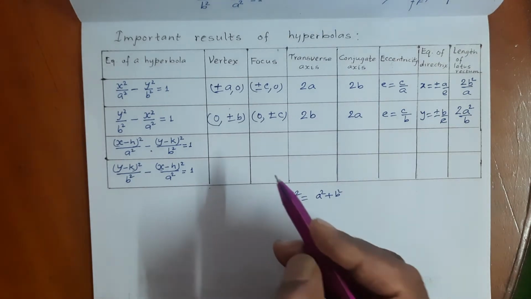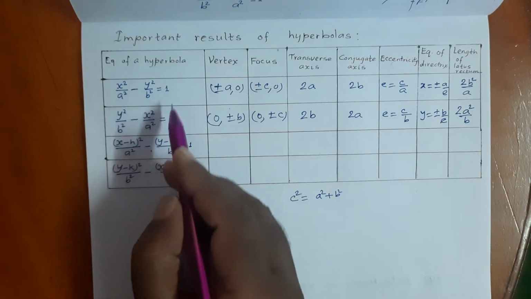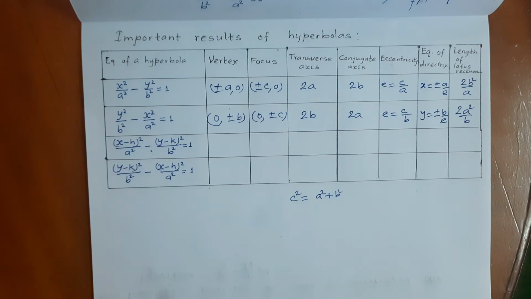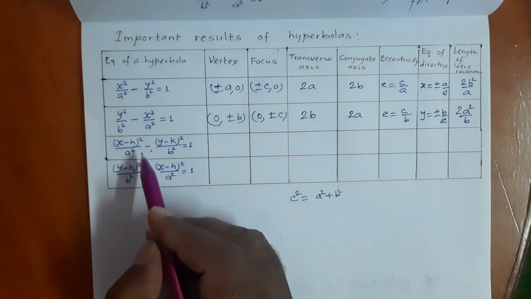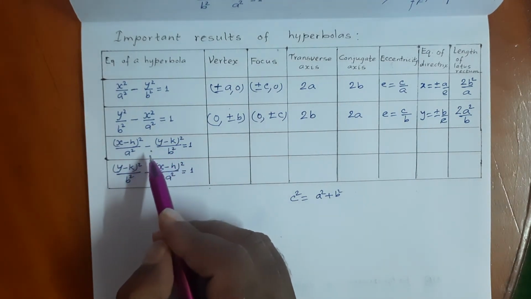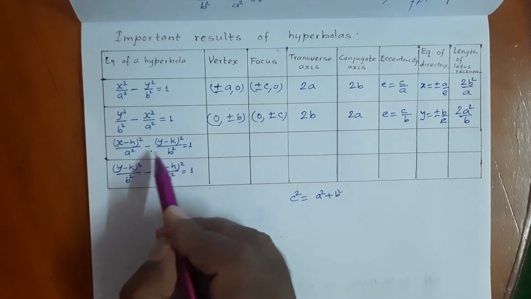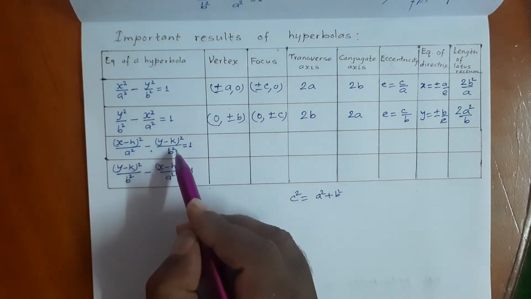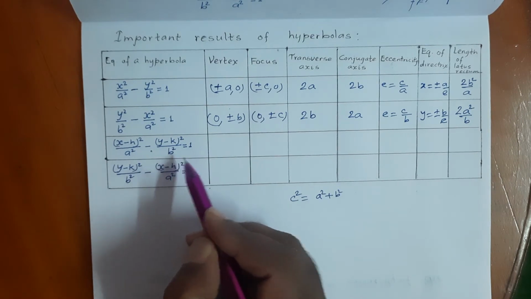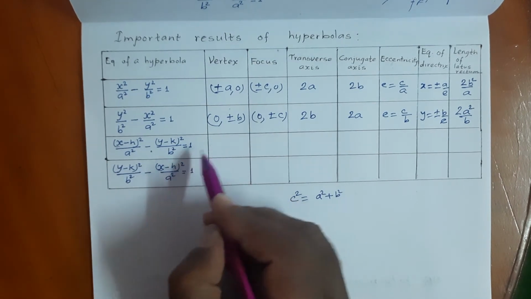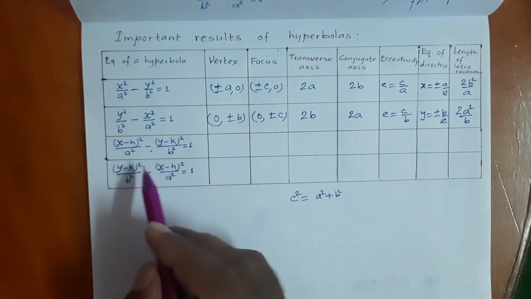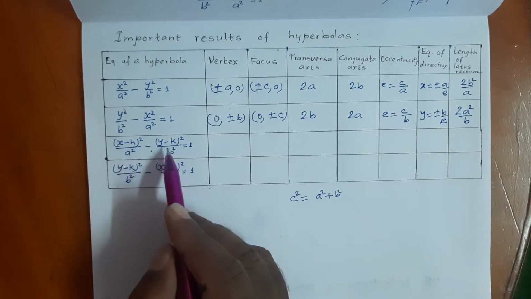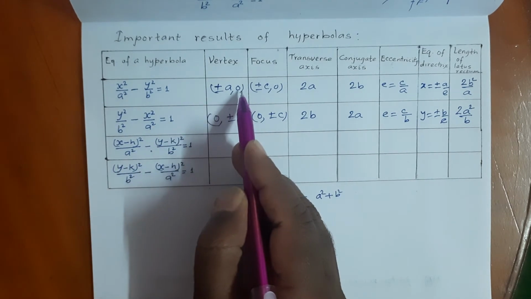And now equation of the hyperbola with center at h, k and transverse axis parallel to x-axis and conjugate axis parallel to y-axis. So in this case, to get the vertex, we have its center is h, k, so this h and k we can add here, and we can get the coordinate of vertices.